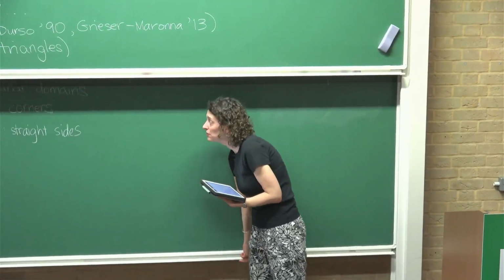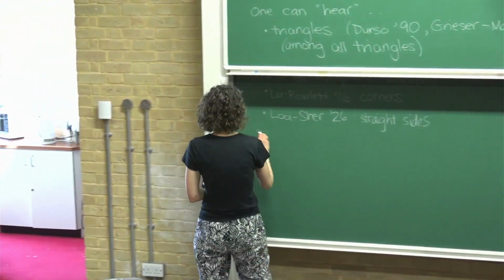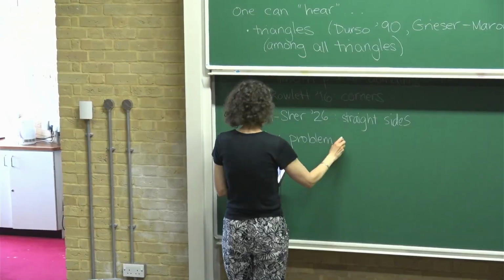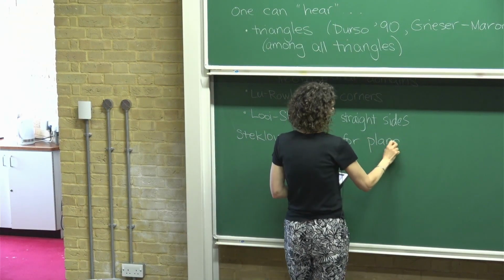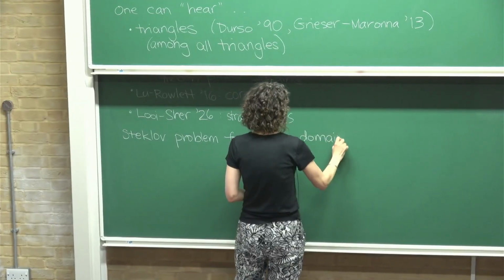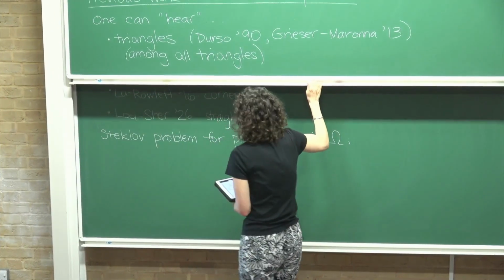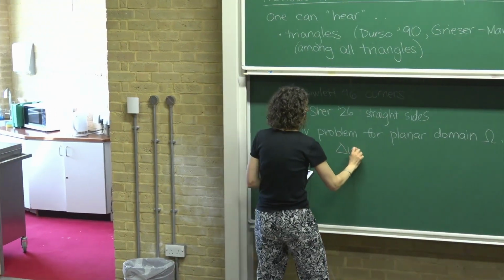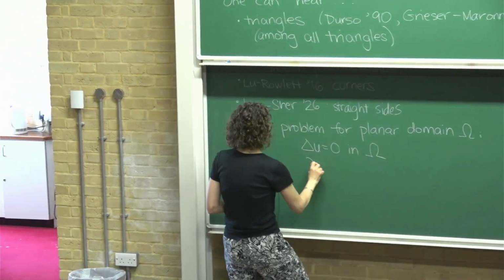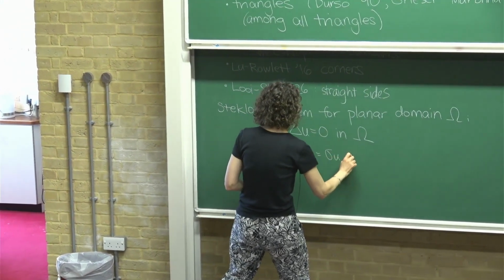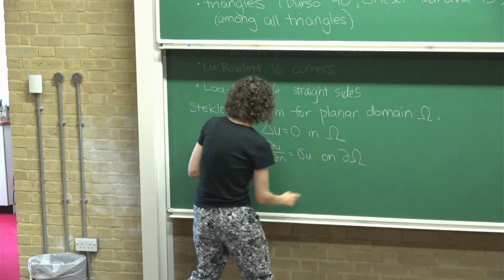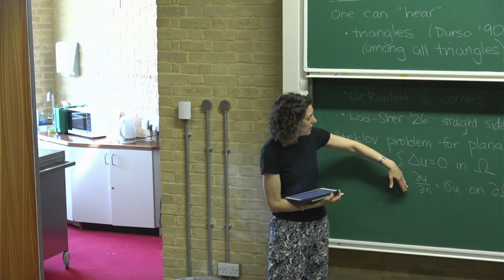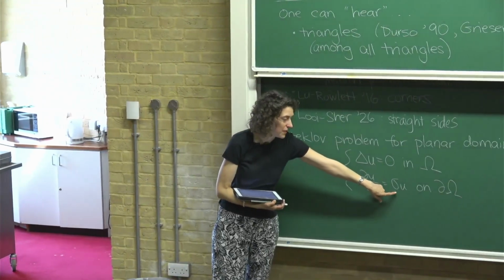Okay, so let's move to the Steklov setting. I want my functions to be harmonic in my domain, and I want the normal derivative along the boundary to be equal to sigma times my function, right?